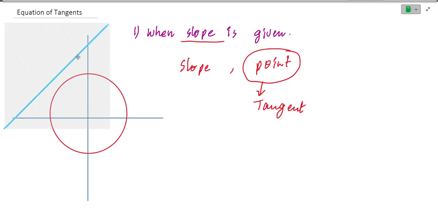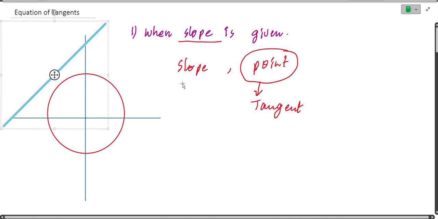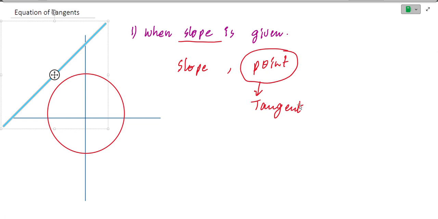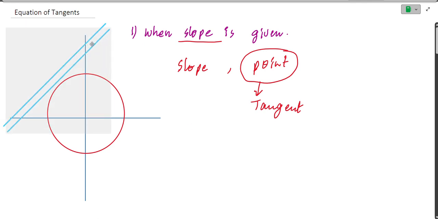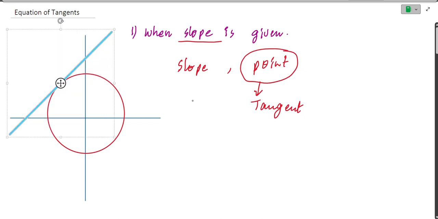So we are going to use the tangent condition to find the equation of the straight line which will become a tangent to the given circle. So let us assume the equation of the tangent. Let me bring this straight line to this point so that it looks like a tangent to the circle.